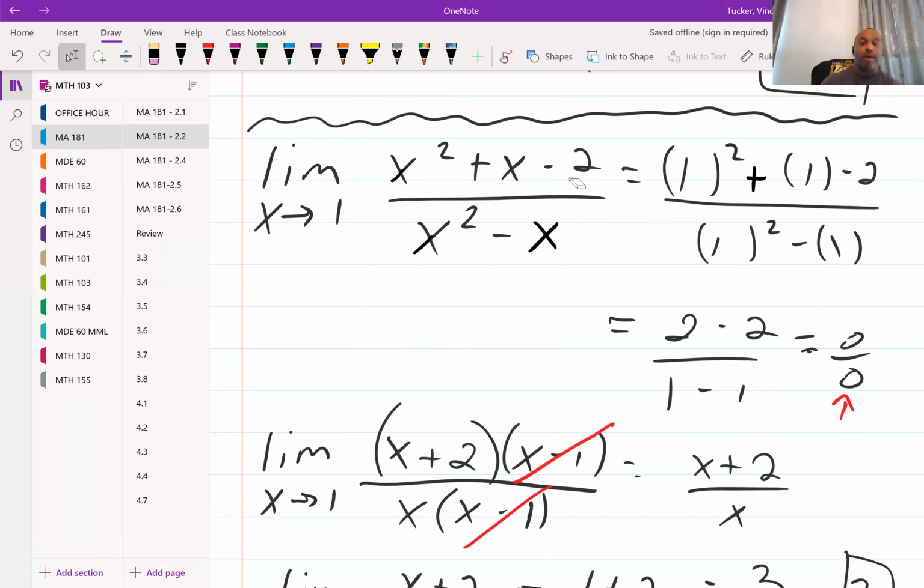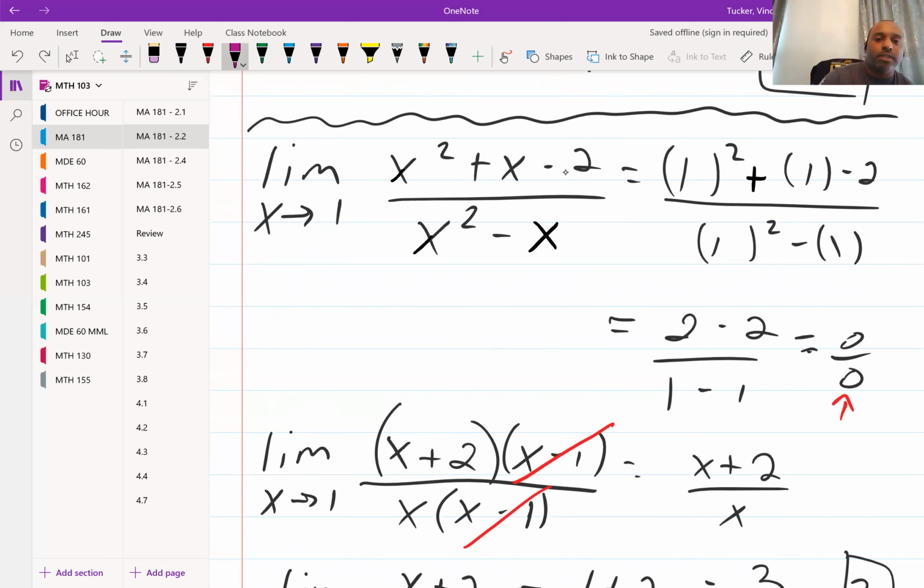If we go back and factor our numerator and denominator, we have x plus 2 times x minus 1 in the numerator. In the denominator, if we factor out x, that'll be x times x minus 1. We have x minus 1 in common with the top and bottom, so we can cancel that quantity in the numerator and denominator.